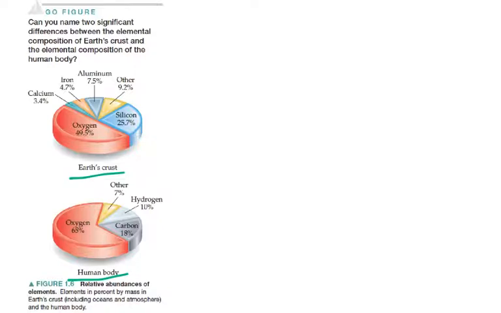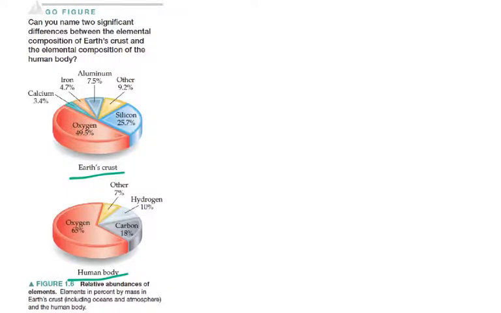So 93% is those three elements. Where Earth's crust, you see, has a few more elements with decent amounts, but then you've got everything else at 9.2%. So quite a variance in the amount of these elements that are present in nature.